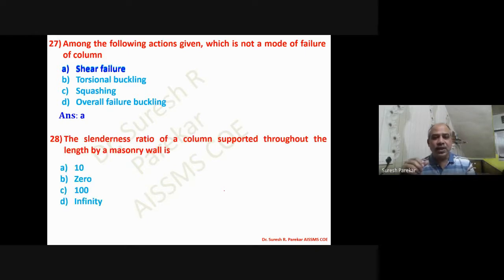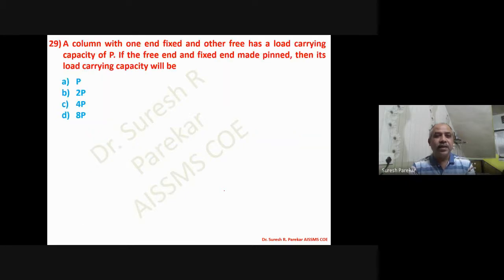The slenderness ratio of a column supported throughout the length by a masonry wall is? As the column is supported throughout, we do not have any unsupported length, and therefore my slenderness ratio is 0. The column with one end fixed and other free has a load carrying capacity of P. If the free end and fixed end are made pinned, then its load carrying capacity will be 4P.